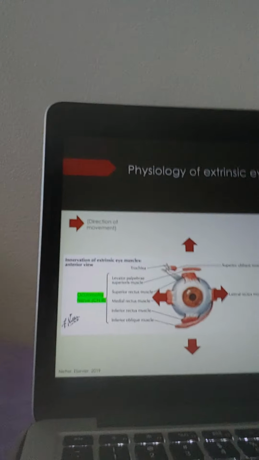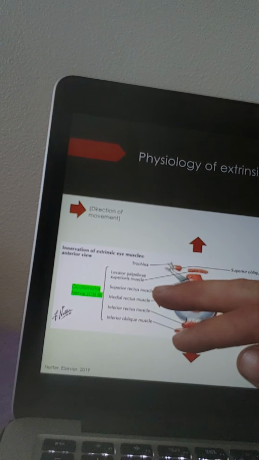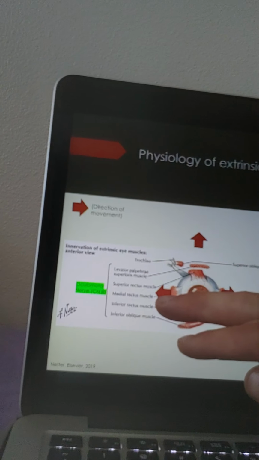And this nerve innervates the medial rectus muscle, so the one in the middle, the inferior rectus muscle, the superior rectus muscle, and the levator palpebrae, and the inferior oblique muscle are all innervated by that one oculomotor nerve.